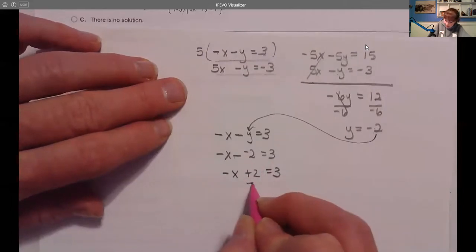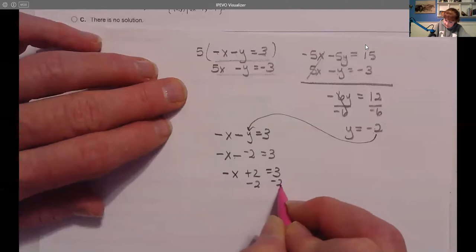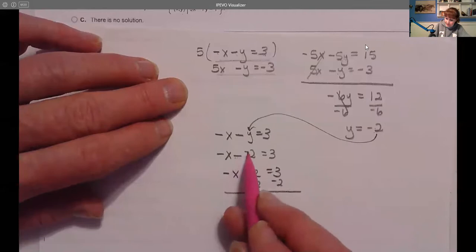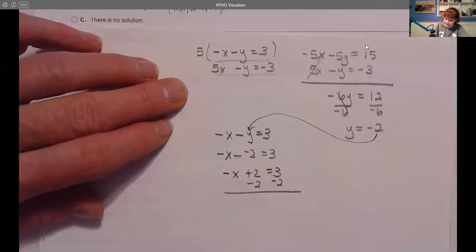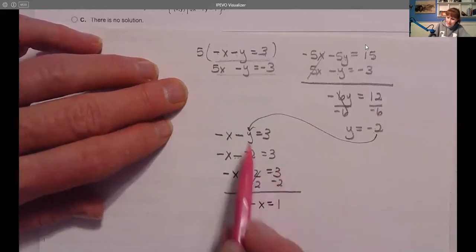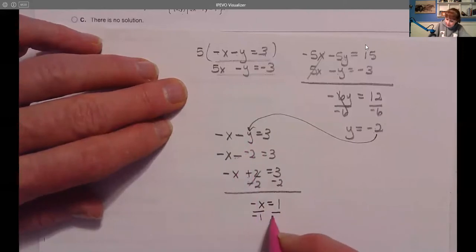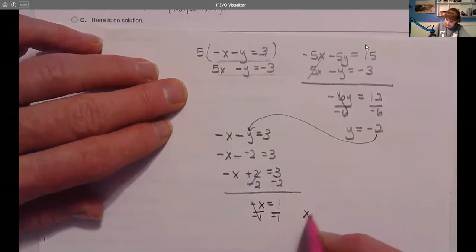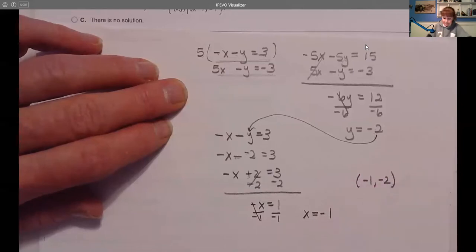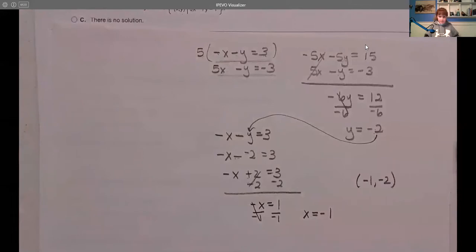And you subtract 2. We want to get the x by itself. And again, the 2 negatives is a positive. So a -x equals 1. The numbers aren't big, but there are some little places where you could make some mistakes. Divide by a -1. So my point of intersection is -1, -2. Okay. All right. That's great.